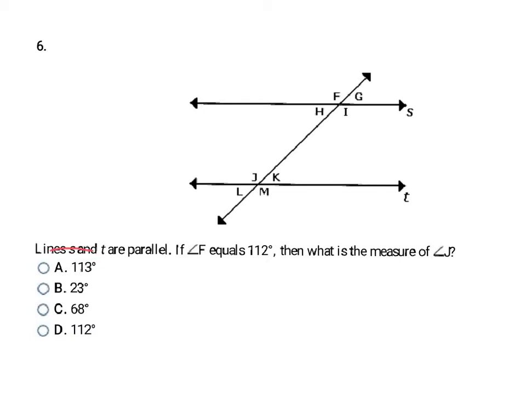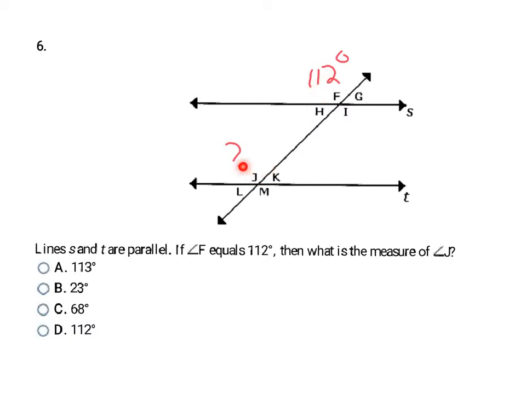Here it tells us that the lines S and T are parallel, and it tells us that if angle F equals 112 degrees, then what is the measure of angle J? Well, here, the angle F here is to the left of the transversal and above the parallel line.